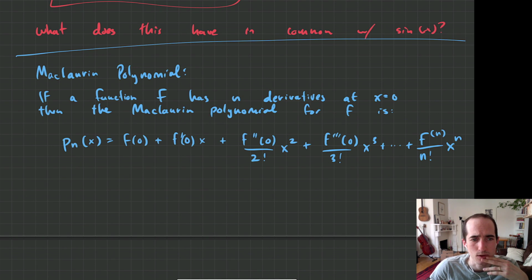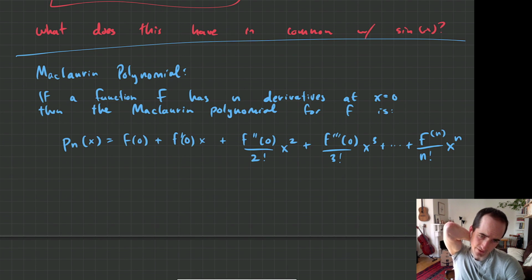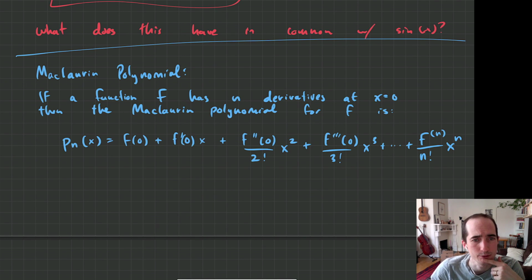I think 3 of the pages are just one example, and we've pretty much done that example, except we did it with sine of x. In this worksheet, it's e to the x. Then there's a blank page, so just read the first 7 pages. It's really not too bad.